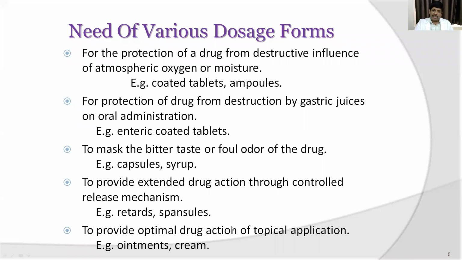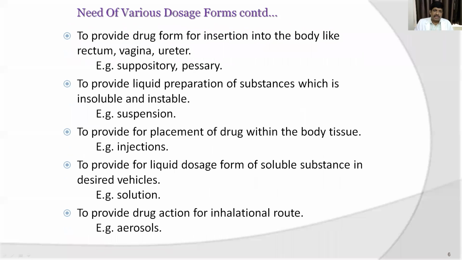To provide optimal drug action on topical application, that is also one of the reasons. To provide drugs by insertion into the body, like rectum, vagina and urethra. Now these are very tricky places. If you want to give any medicine at these places and you don't have the proper dosage form, you will opt for a systemic dosage form like tablet, capsule or injectable, which may have systemic side effects also.